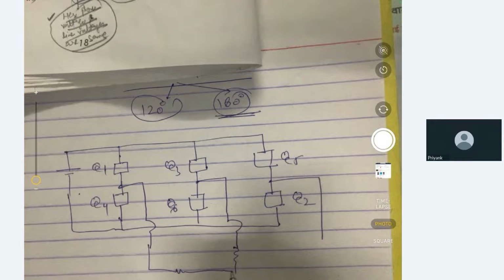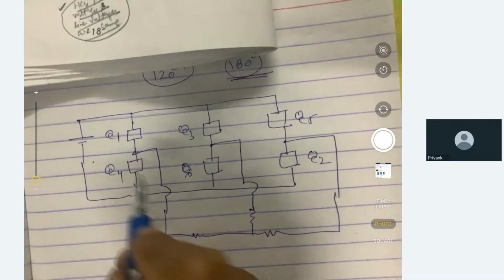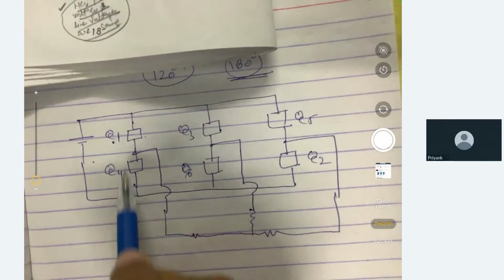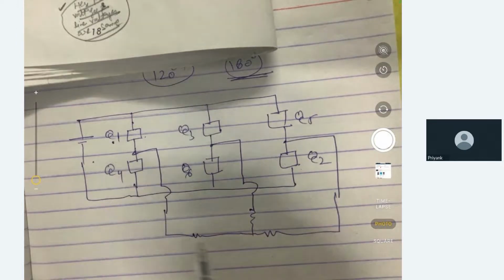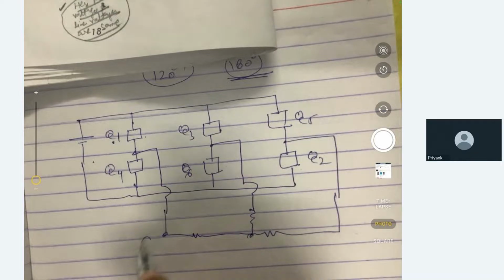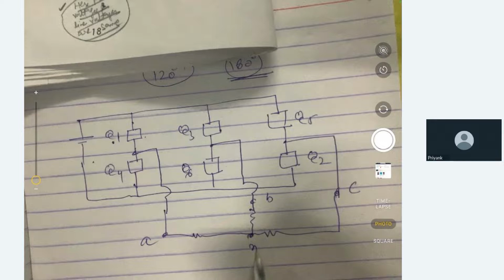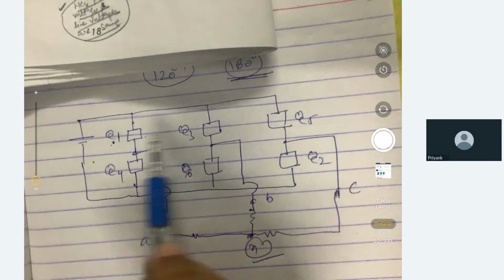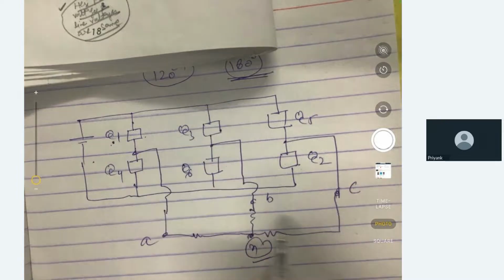These switches are being fired in a particular sequence, so only we are getting an output here. Let's say this is phase A, this is phase B, and this is phase C, and this is neutral. If these switches are fired in a particular sequence, then only we will get an output which is a kind of sine wave, not exactly, but a kind of sine wave.